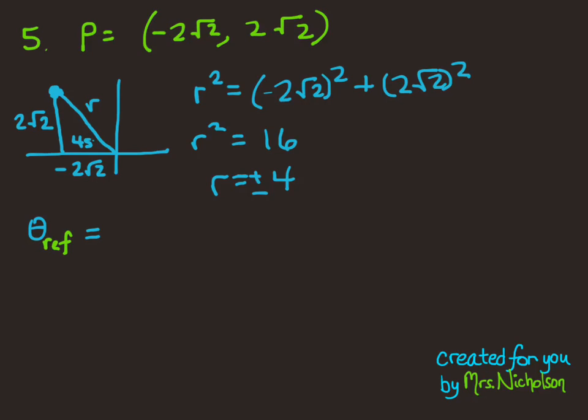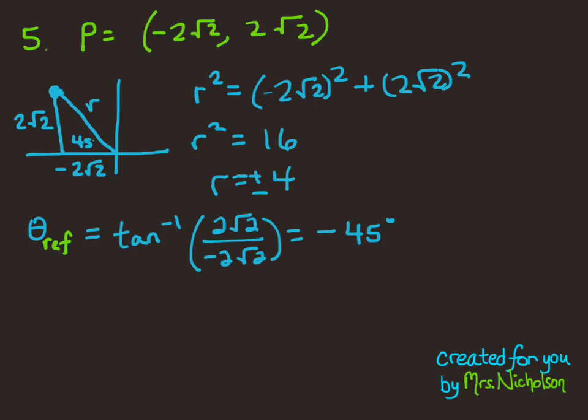This is our reference angle, and that's going to be inverse tangent of y over x. So 2 square root of 2 over negative 2 square root of 2. And if you put that into your calculator, it's going to give you negative 45 degrees. So see, we get that same 45-degree reference angle.